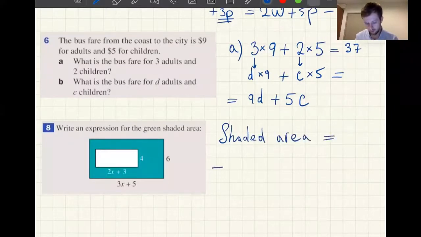Let's give them names. The big one is number 1 and the small one is number 2. And then the shaded area is going to be equal.